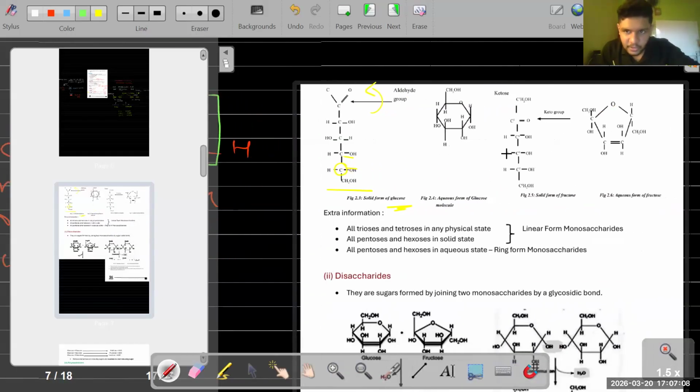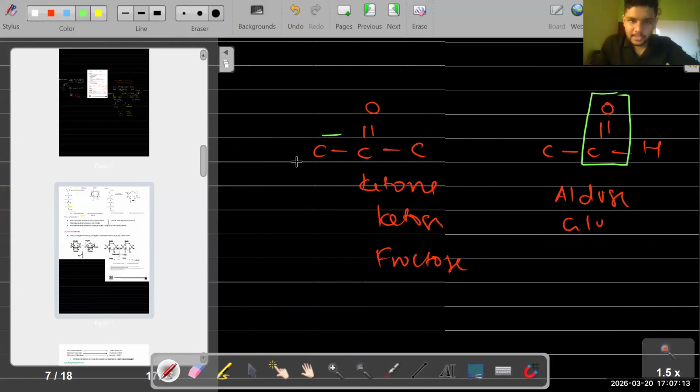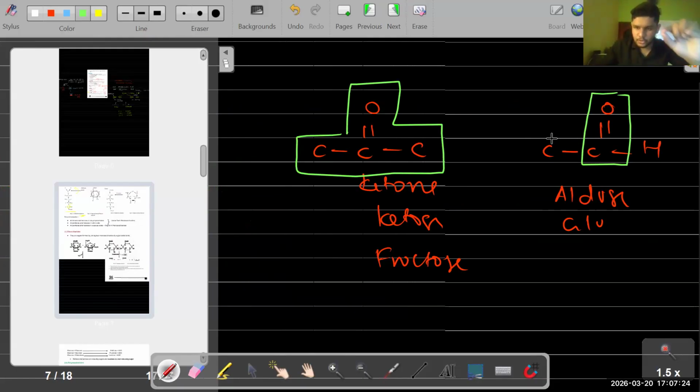For the ketone group, the priority is that the ketone group should contain two adjacent carbons next to the carbon double bond O. For a sugar to be finalized as an aldose sugar, in your chemistry syllabus I'm sure you will come across these structures. But in your A level bio syllabus, for aldose, they are saying any sugar that contains a carbon double bond O is said to be an aldose sugar. Any sugar that contains two adjacent carbons is considered to be a ketose sugar. Is it clear?